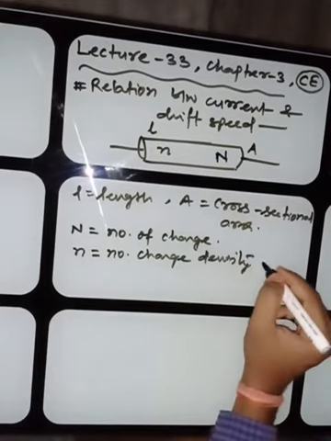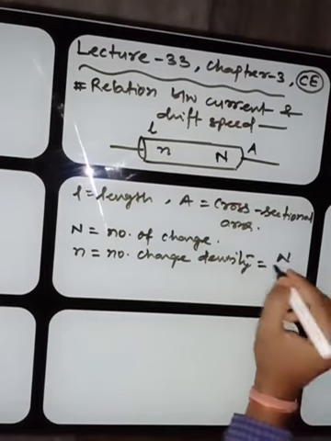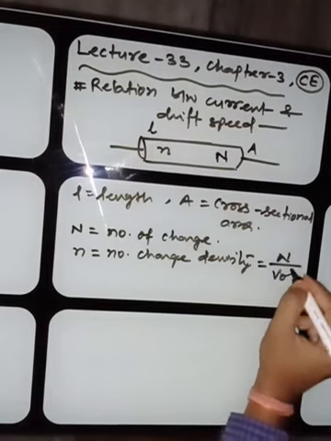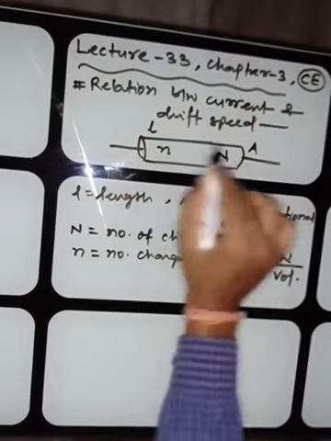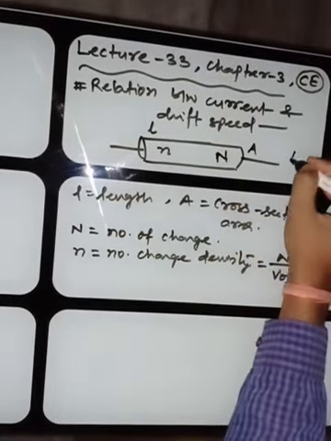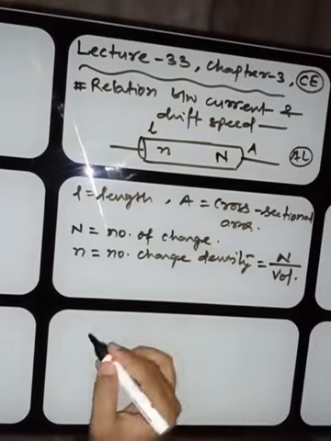It is the number of total charge per unit volume. What will be the volume of this conductor? The volume will be A into L.